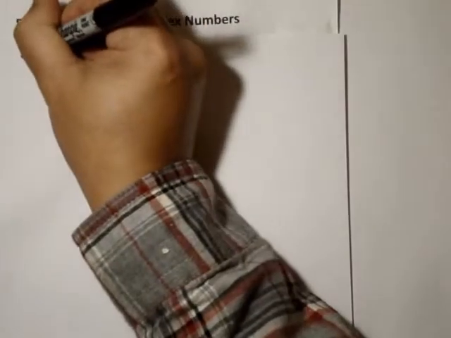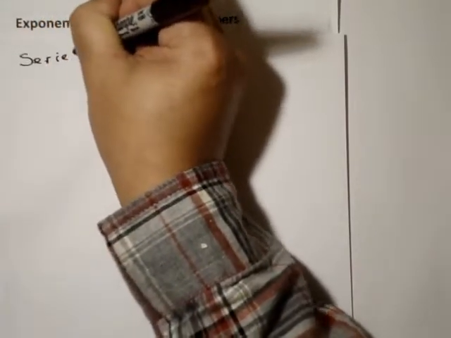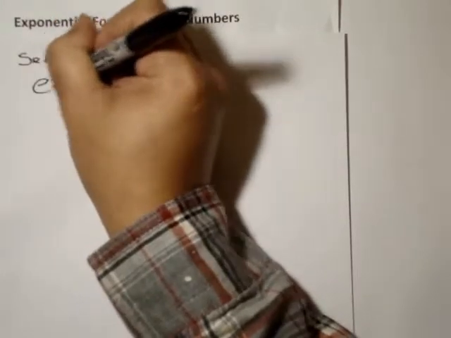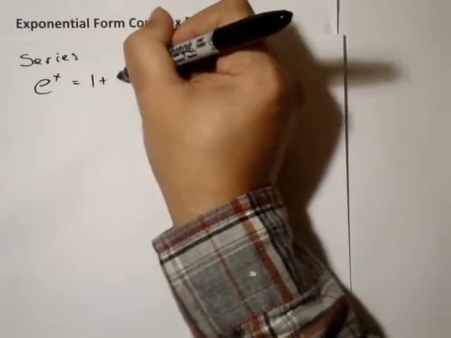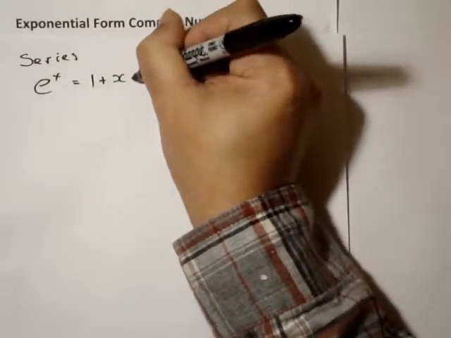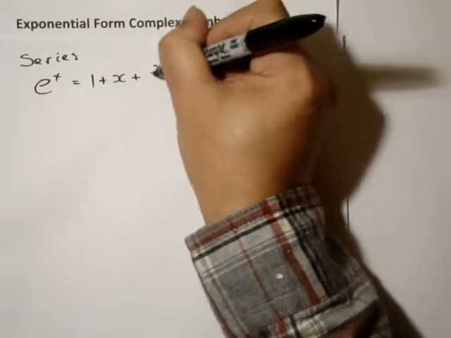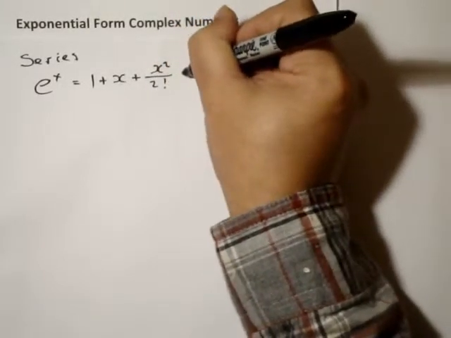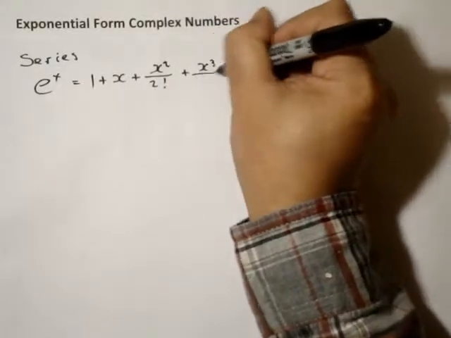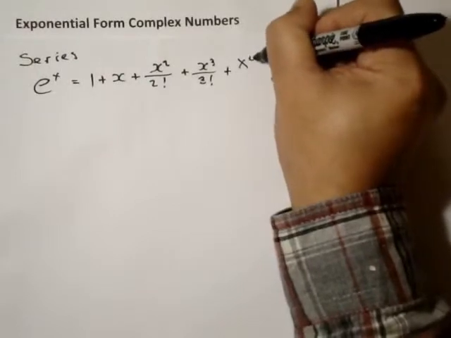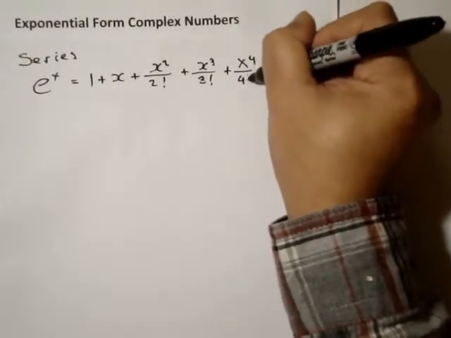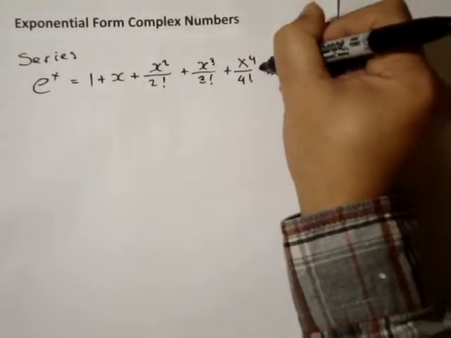Okay, we're going to have a look at the exponential form of complex numbers, and for this we have to look at the series. So if we look at the series for the exponential e to the x, we have 1 plus x plus x squared over 2 factorial plus x cubed over 3 factorial plus x to the power 4 over 4 factorial, and so on.